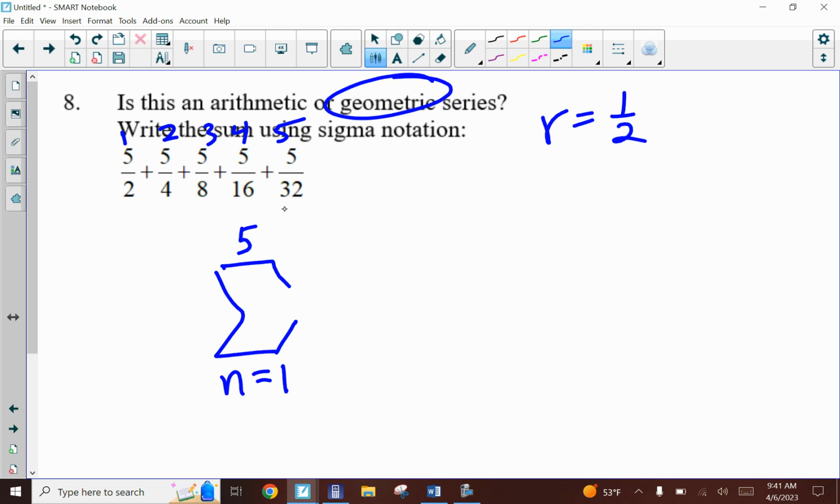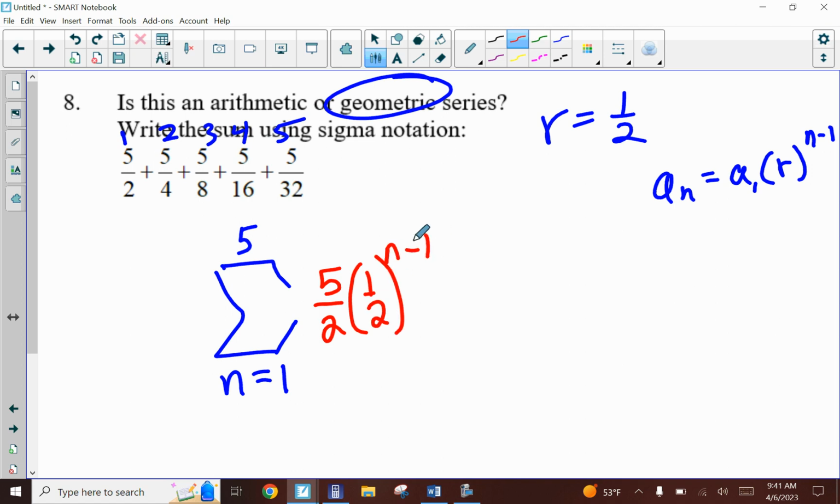Now, because we know this is geometric, setting up the formula is actually pretty easy because you just use the nth term formula. The nth term formula is the first term times r to the n minus 1. So that's basically what goes into this formula part, but we plug in our values. So the first term was 5/2, the r was 1/2, and then we stick an n minus 1, and that's our answer.